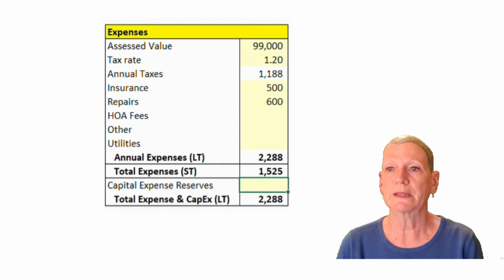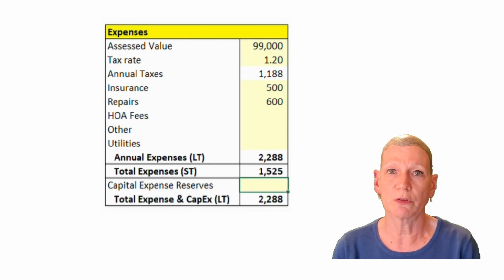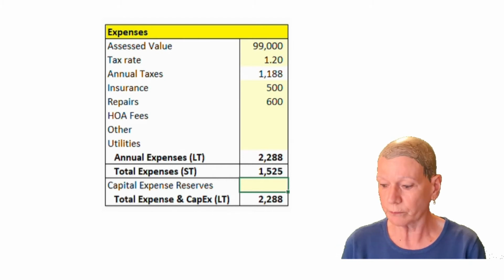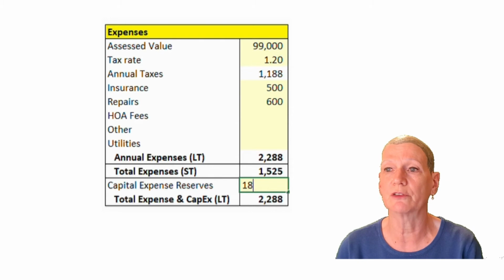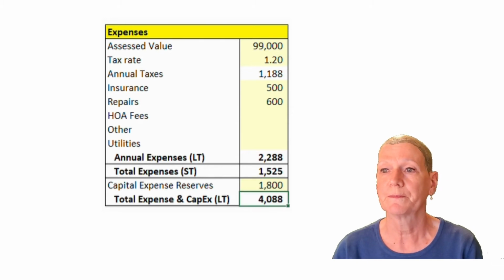So you want to take that into account in your capital expense reserves. Again, I go into much more detail on that in the video on cash flow. In this example, we're going to use $1,800 per year as our set-asides for capital expenses.